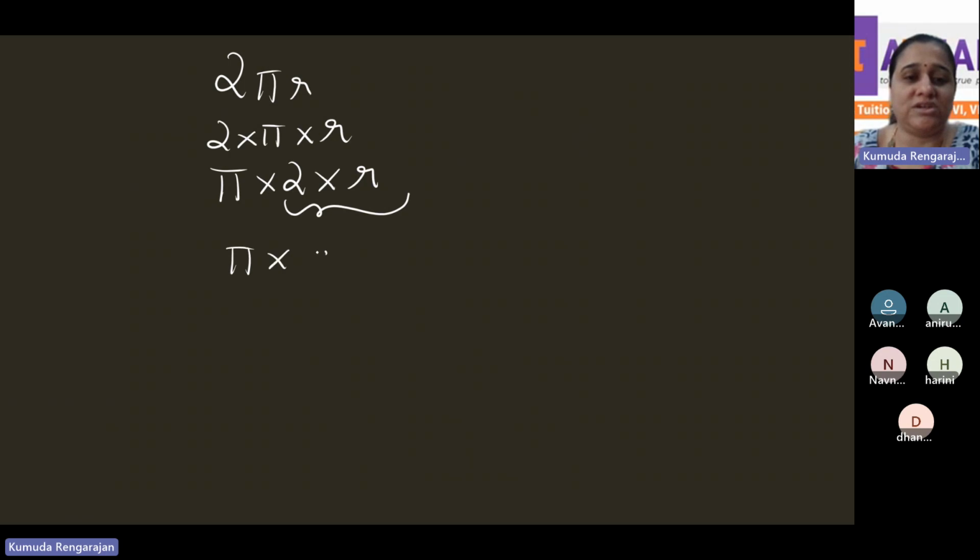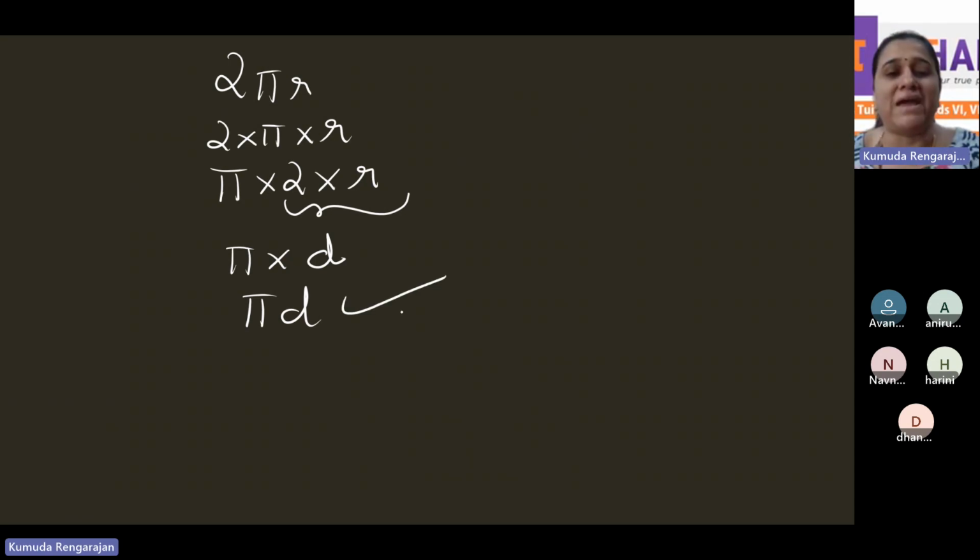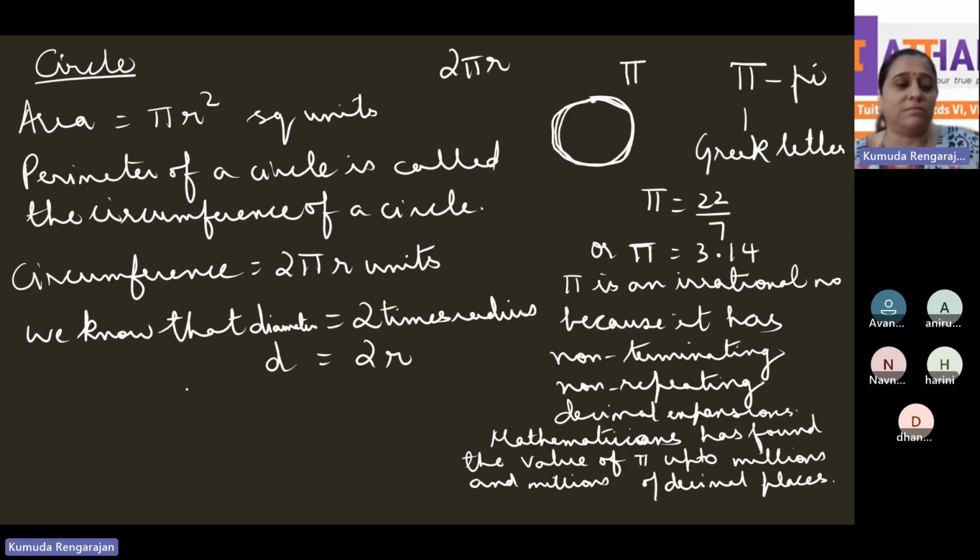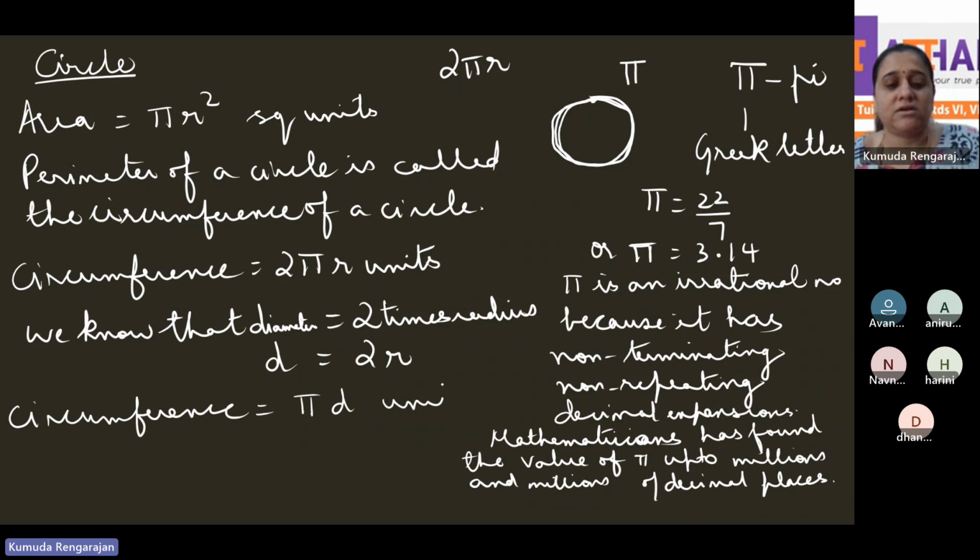So pi into d, which is nothing but pi d. So you can also use this formula pi d to find the circumference of a circle. So circumference of the circle is also given by the formula pi d units.